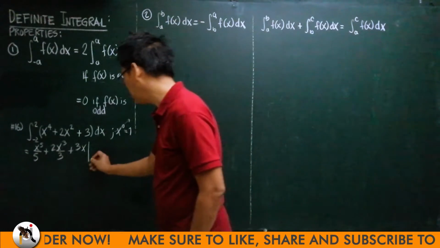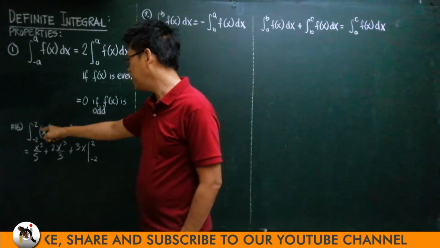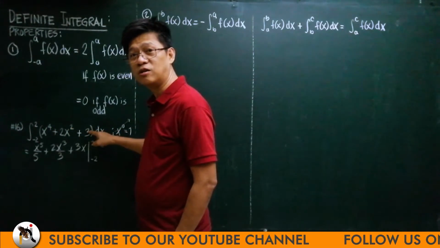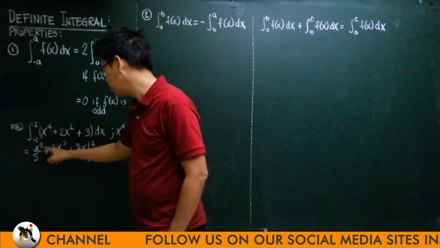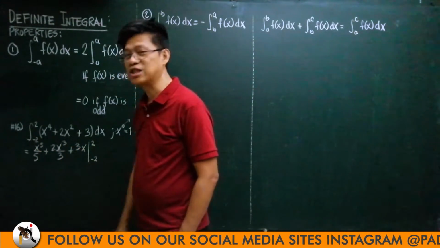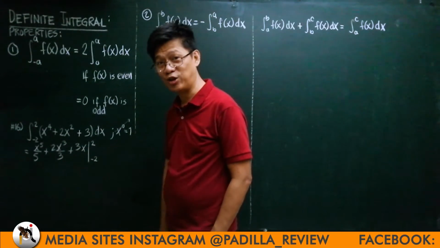This must be evaluated from minus 2 to 2. When you integrate an even function, because you are adding 1 to an even exponent, the result will be an odd exponent. So the result will be an odd function.